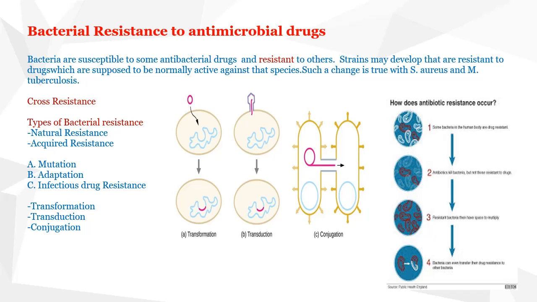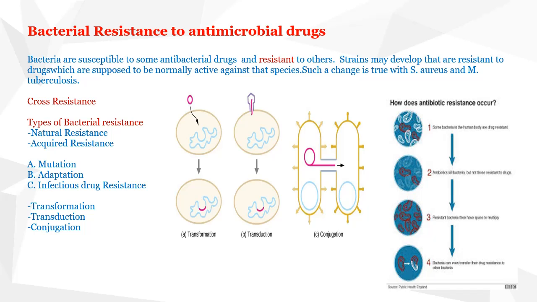A drug which was effective against a particular species of bacteria suddenly becomes useless. So, how does this happen? The development of acquired resistance is basically a stable genetic change which is inherited from generation to generation.